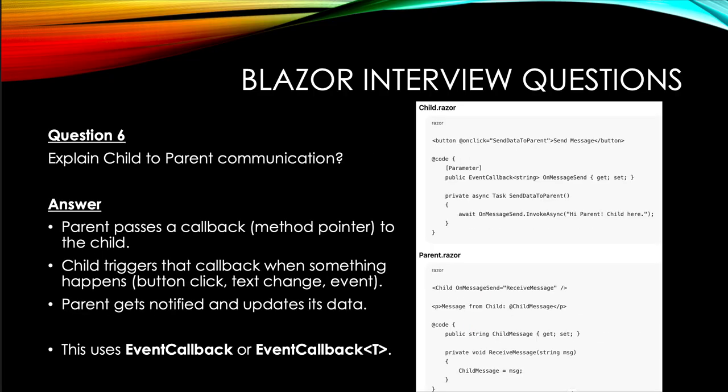Now let me explain the child to parent communication. In this case, the parent passes a callback to the child, and the child triggers that callback when something happens, for example on any event such as a button click or a text change event, and then the parent gets notified and updates the data.